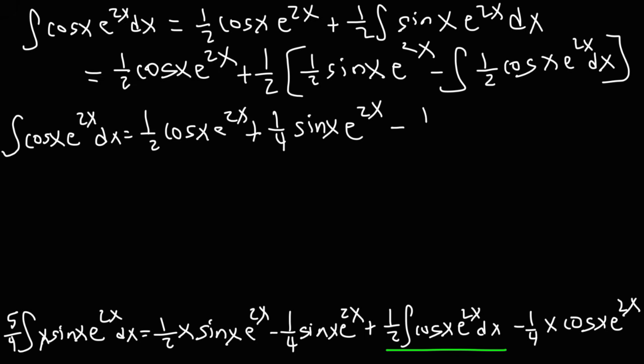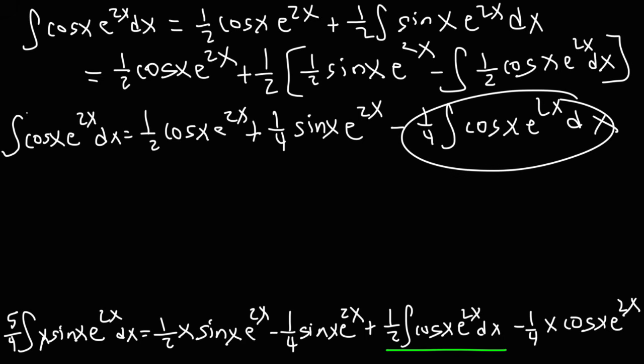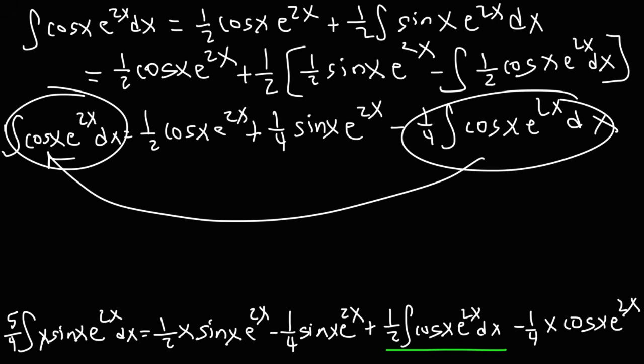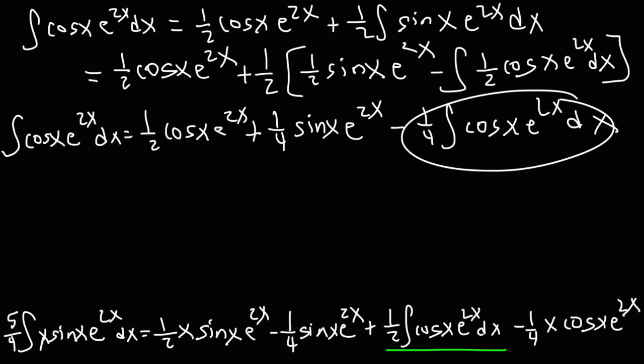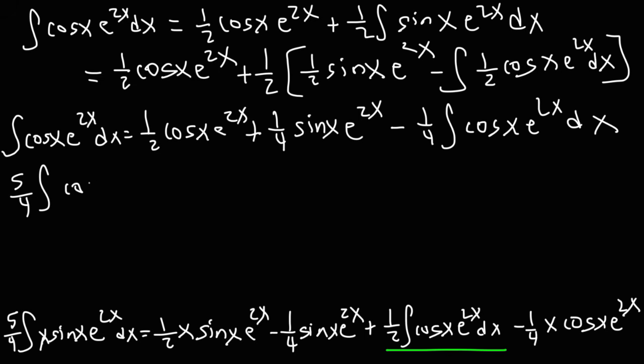So that's negative 1/4 integral cosine x e to the 2x dx. So now we can combine these two expressions. So add in 1/4 integral cosine x e to the 2x. This is going to be 1 plus 1/4. So we have 5/4 integral cosine x e to the 2x dx, which is equal to this.